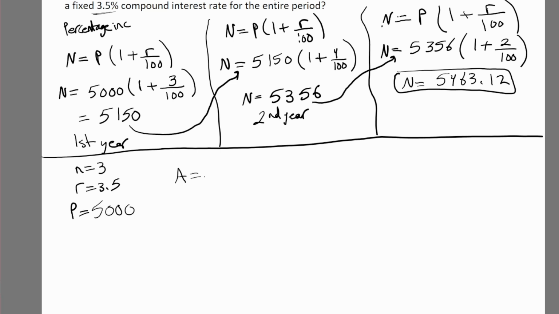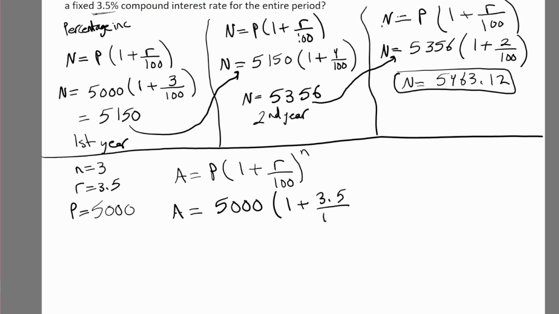So amount is equal to the principal amount multiplied by 1 plus r over 100, to the power of n. And so the amount is 5,000 multiplied by 1 plus 3.5 over 100, to the power of 3.